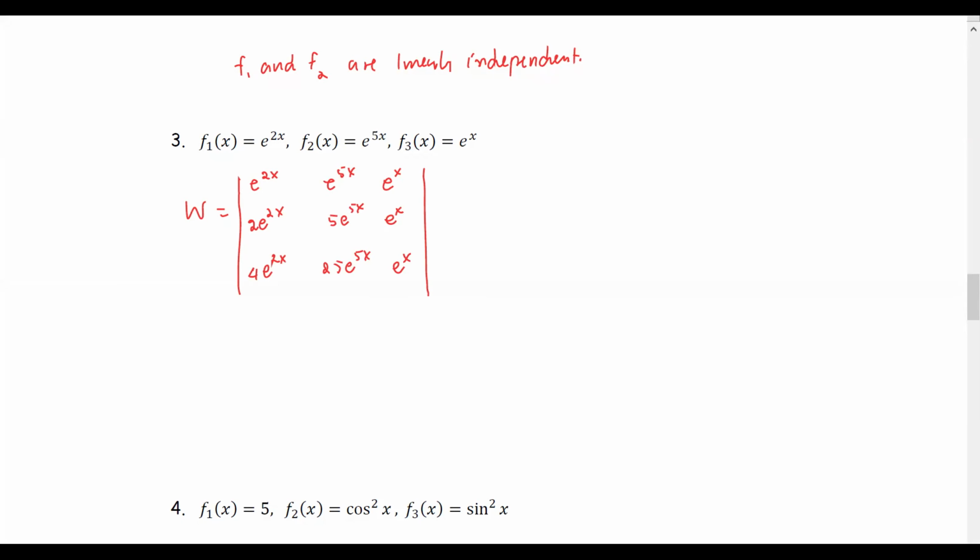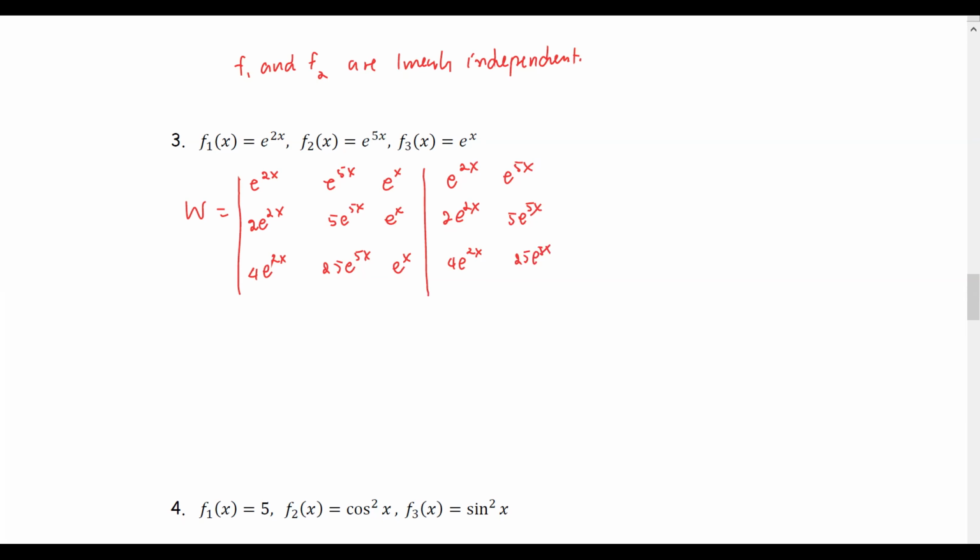To find the determinant of the 3 by 3, it can be done in different ways. You can use the cofactor, co-minor method, or you can use the augmented matrix method by adding two more columns, which are the first two columns. e to the 2x, e to the 5x, 2 e to the 2x, 5 e to the 5x, 4 e to the 2x, 25 e to the 5x.